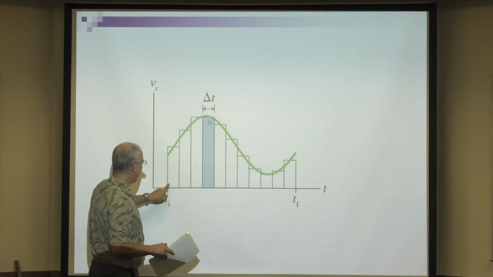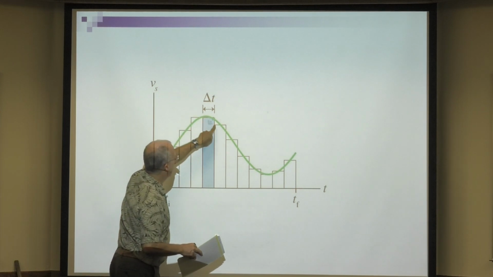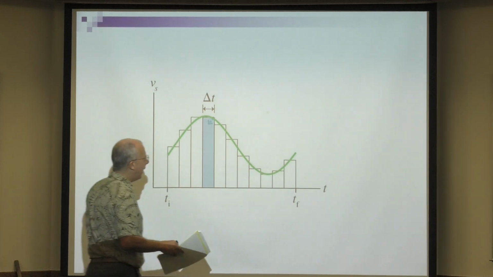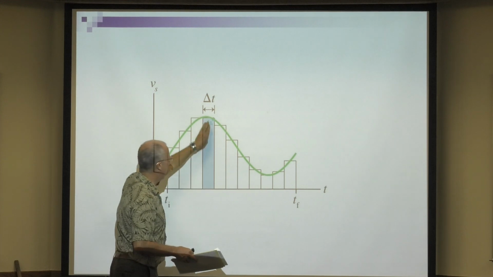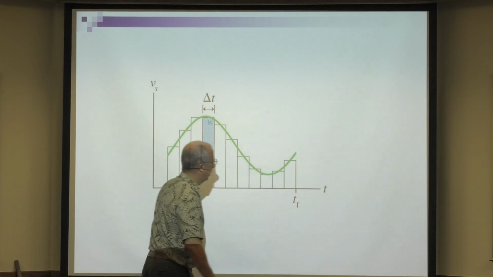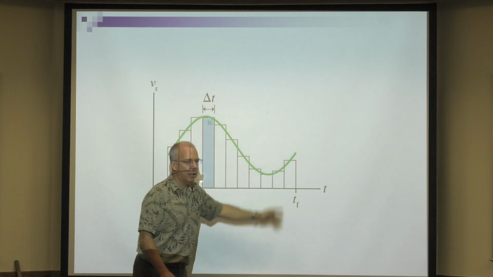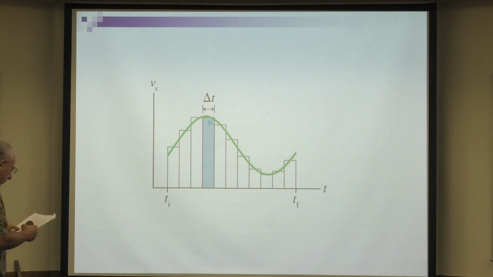For every one of these rectangles, you assume that the velocity is constant. And then you just add up the area of all these little rectangles. And that's approximately the area under the curve, right?